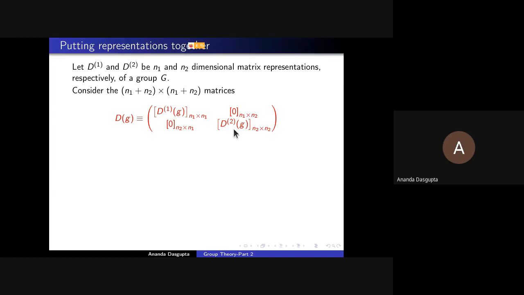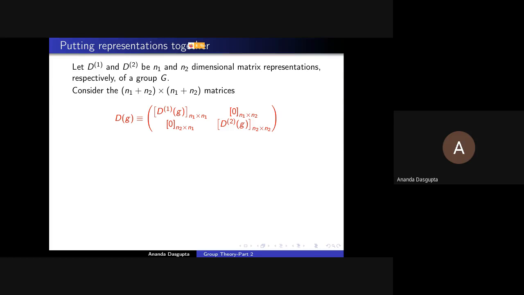You just place them there. And the rest of these you just replace by zeros, so that this particular matrix has a nice block structure. You have a square matrix sitting here, a square matrix sitting here, and these rectangular pieces are just zeros. Okay? So this is a new, bigger matrix.